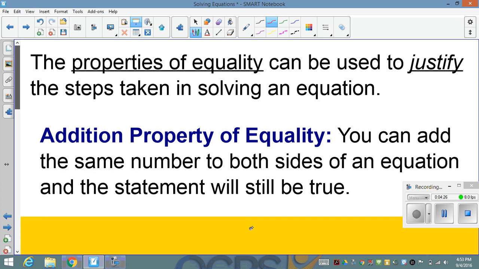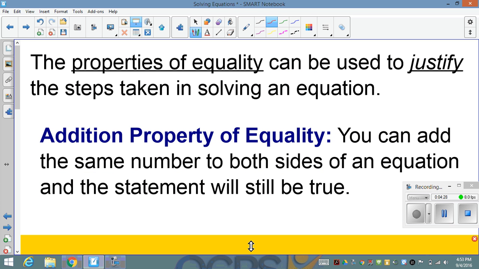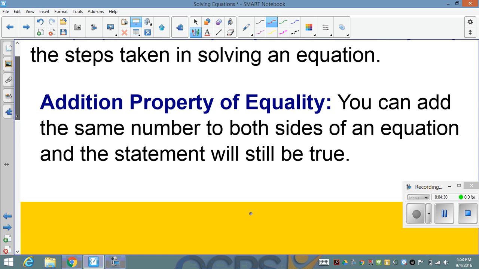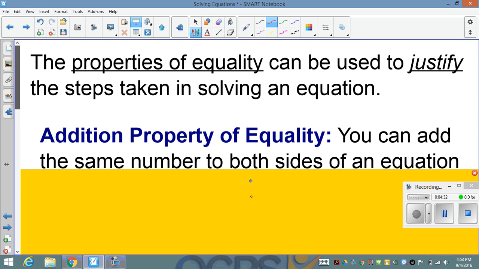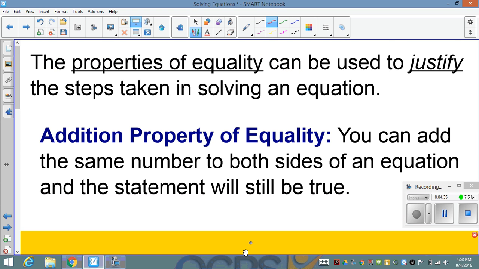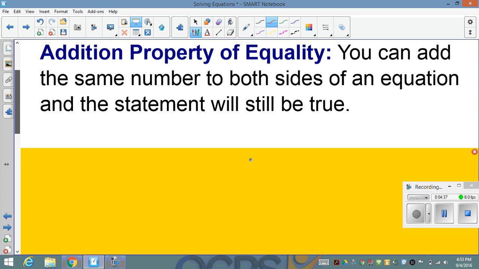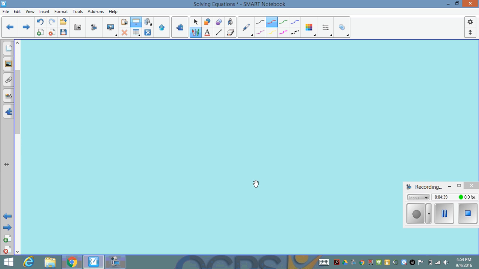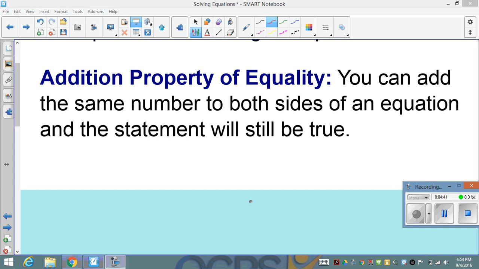So we're going to start with our addition property of equality. Our addition property of equality says you can add the same number to both sides of an equation and the statement will still be true.